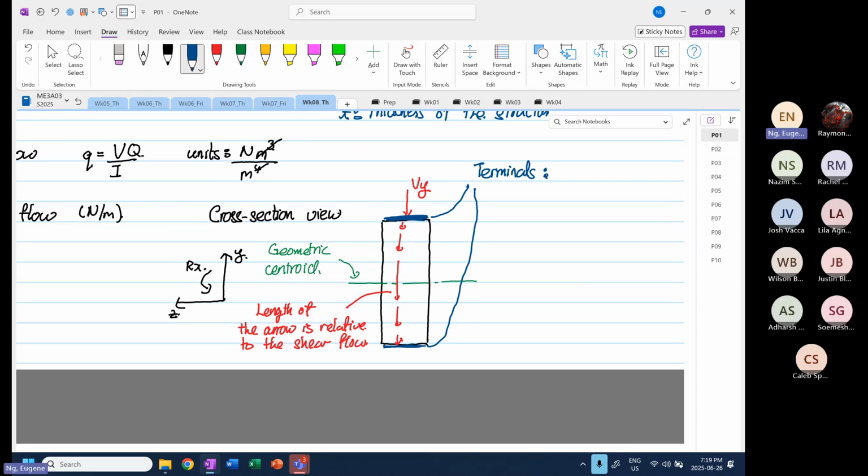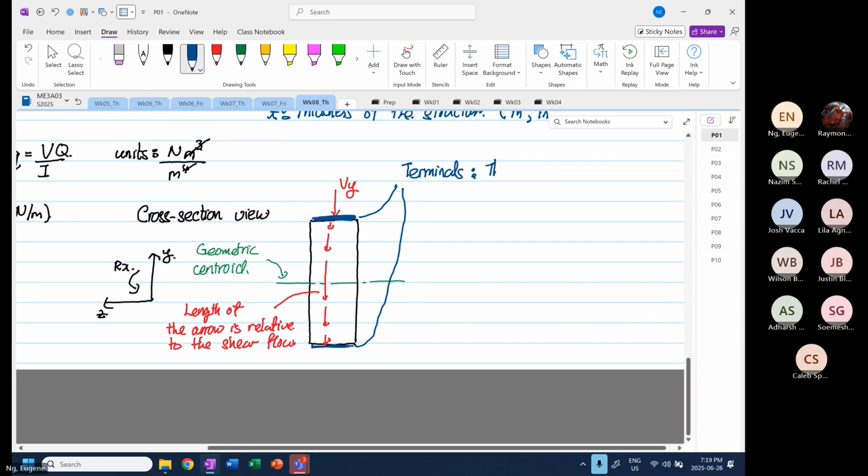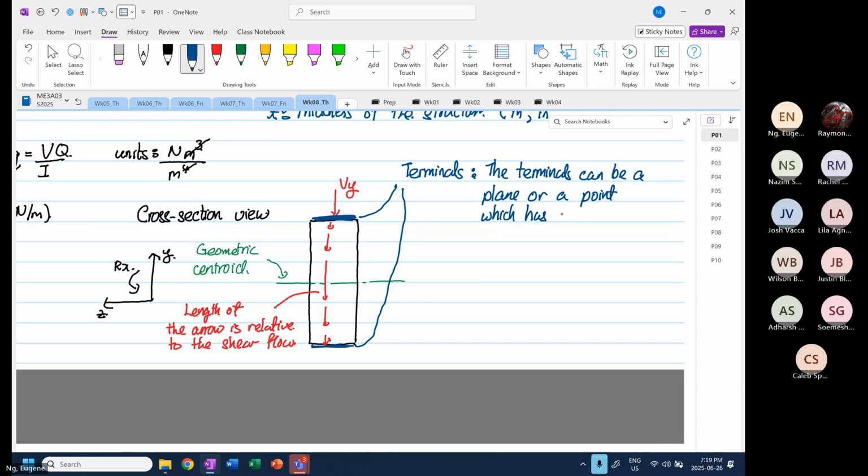The terminus can be a plane or a point which has zero shear flow. We'll have zero shear flow.